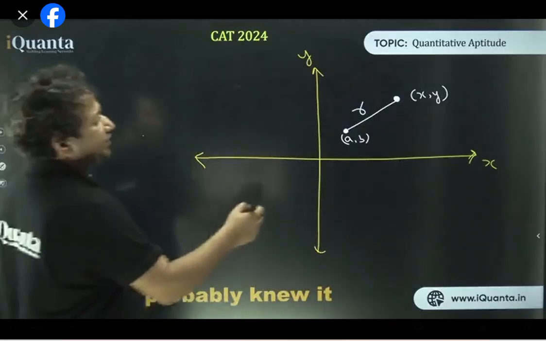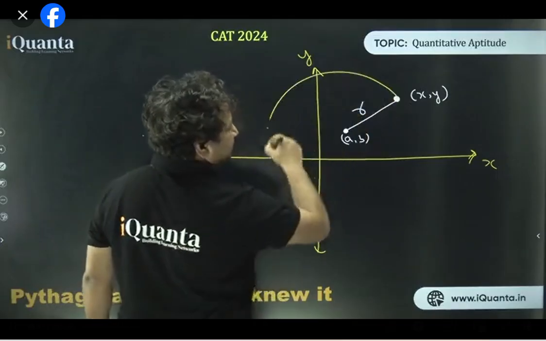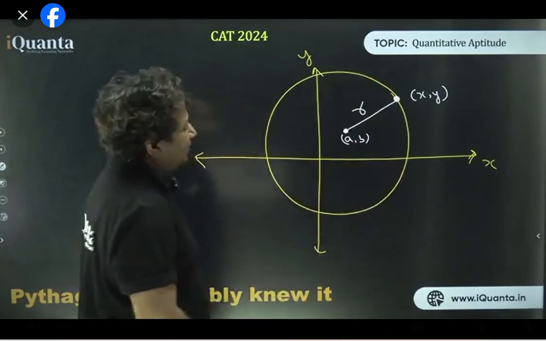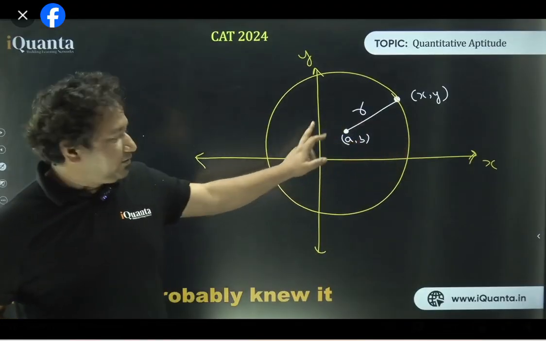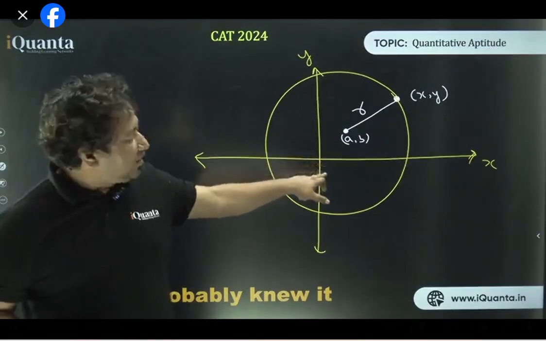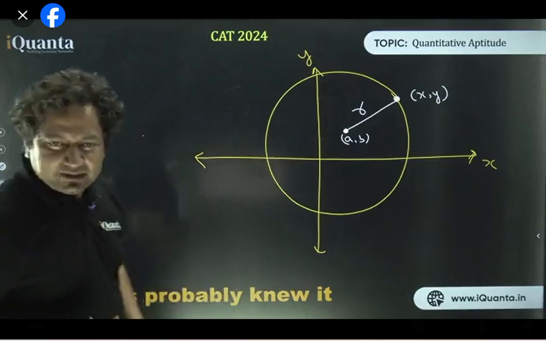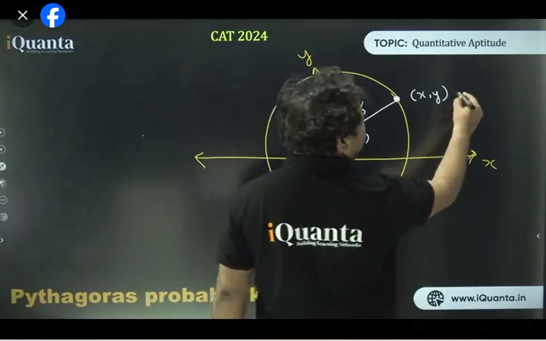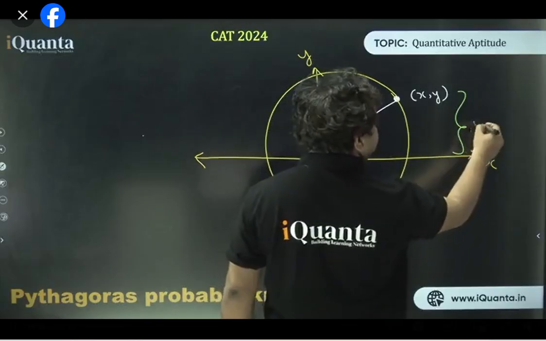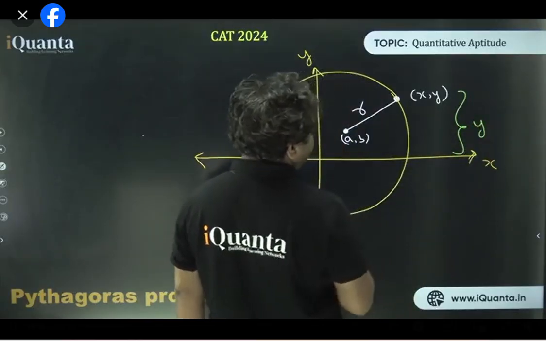This point keeps on moving again in a circular fashion. It's just that earlier, as you can see, the circle is now shifted there. Earlier, the origin was at the center. Now the origin is at a comma b. Is that right? So having said that, what is the vertical distance now? This is y. Okay, perfect.